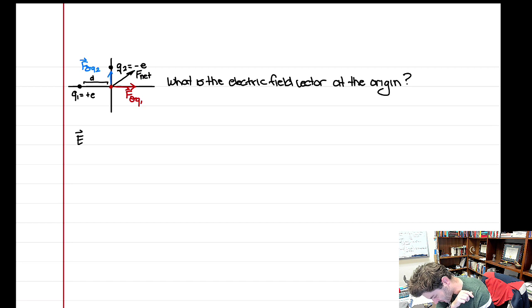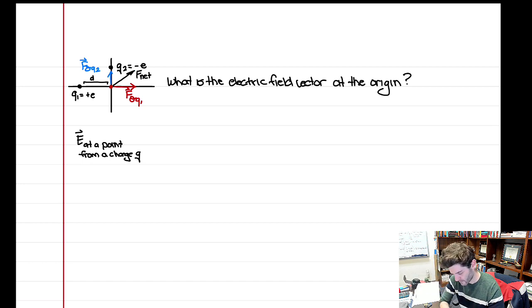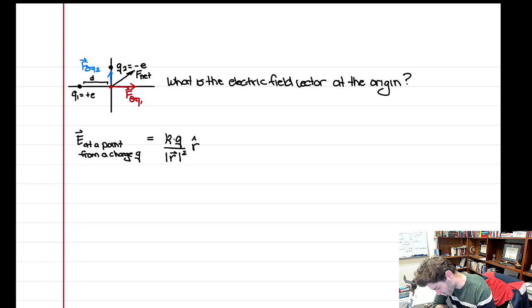So the way I like to write the electric field is, let's write it like this. The electric field at a point from a charge Q is going to be kQ divided by the magnitude of vector r squared, times a unit vector r hat.